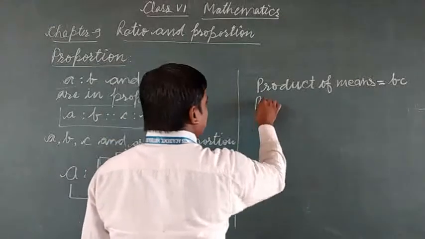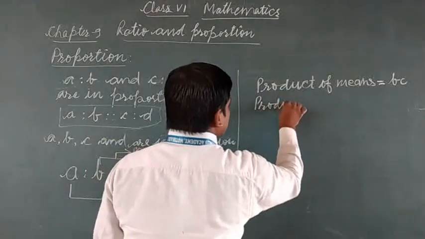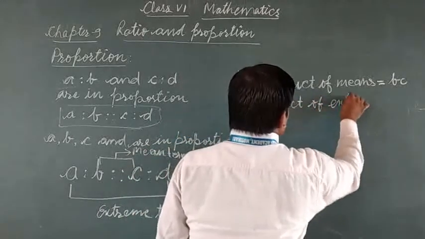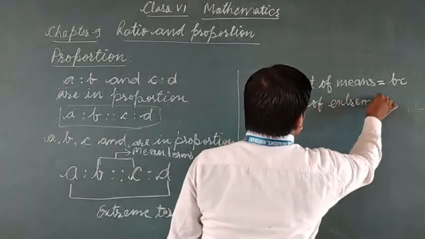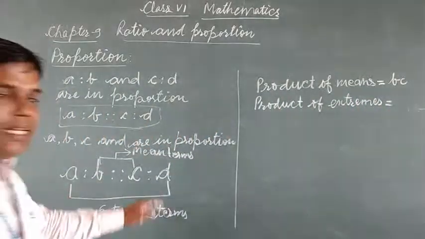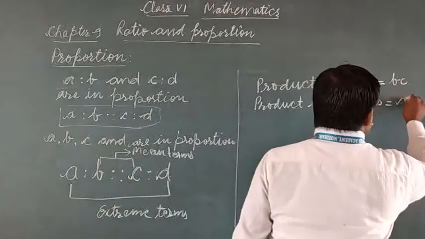We write again the product of extremes. Our extremes are A and D. So we write AD.